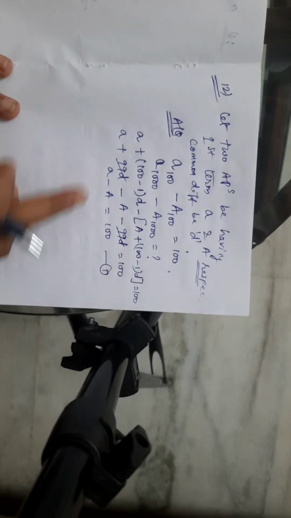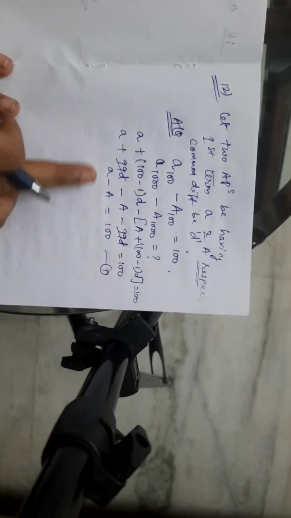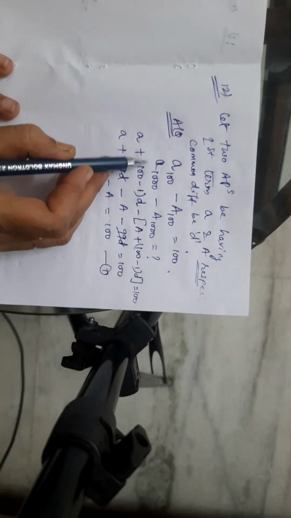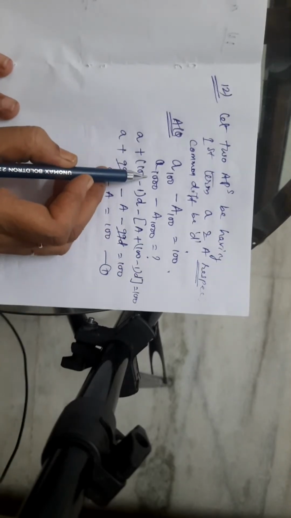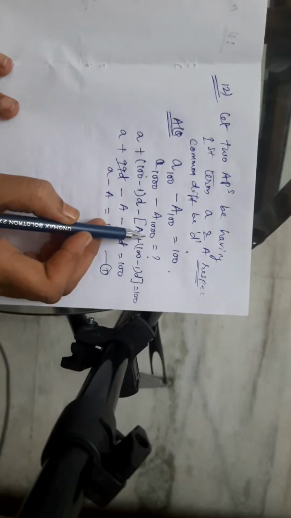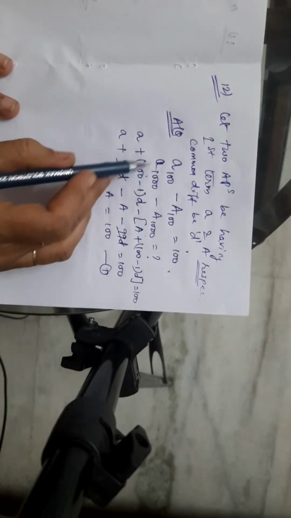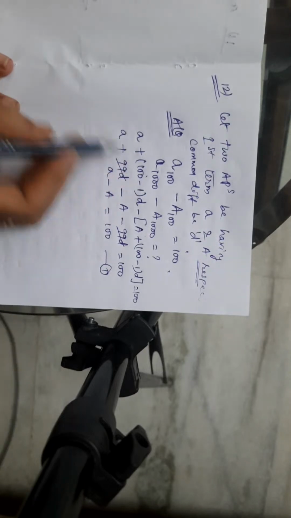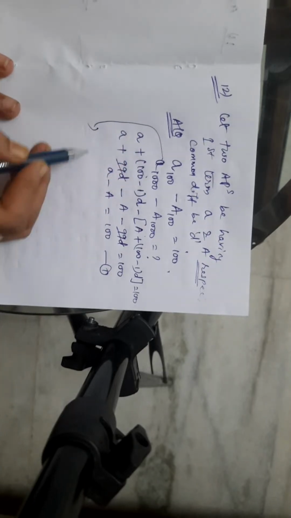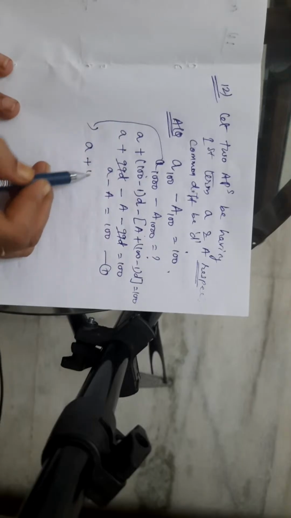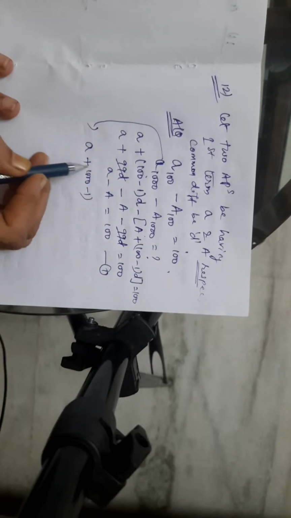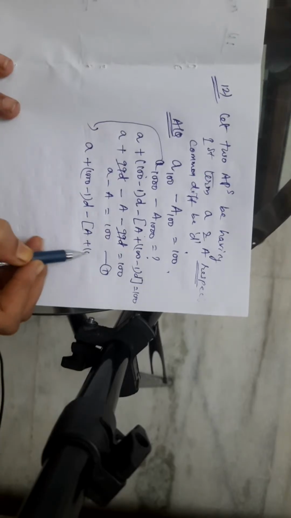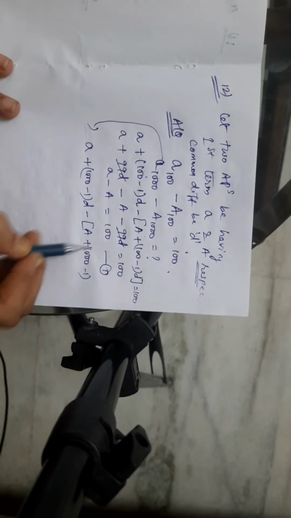We got the value of the difference of the 2 APs. Now the main question was what is the difference between their 1000th terms. Again we'll write it in the same equation form: a plus 1000 minus 1 d minus capital A plus 1000 minus 1 d.